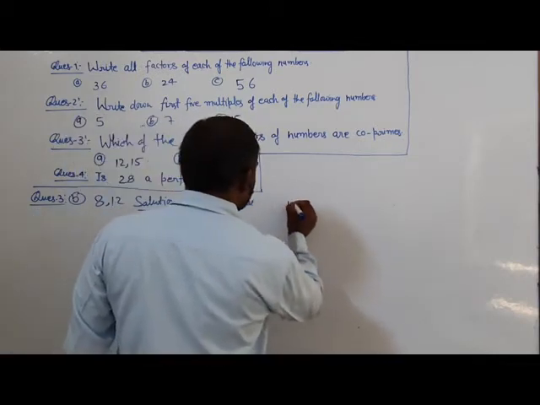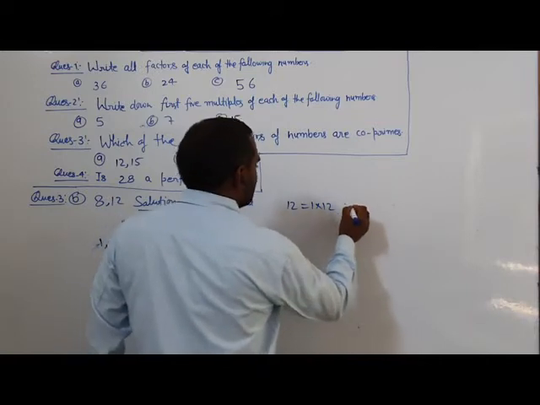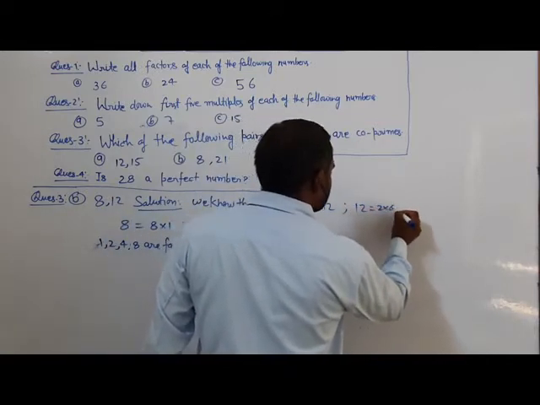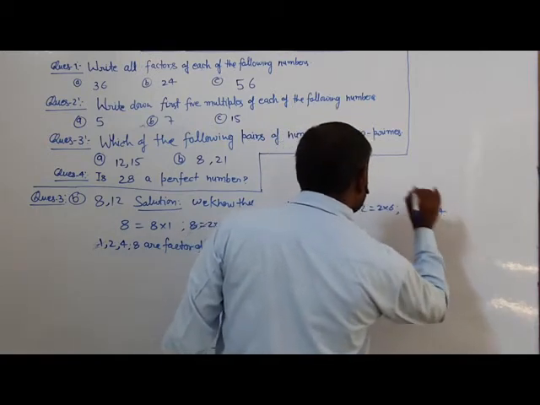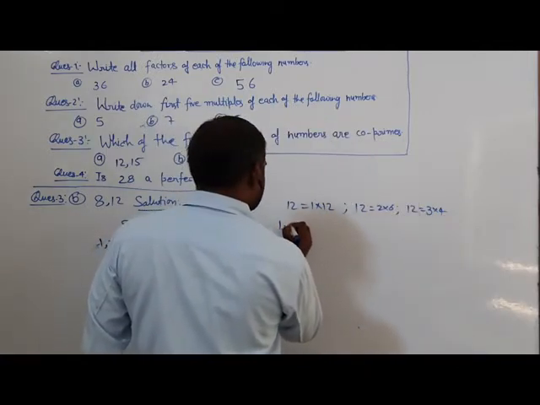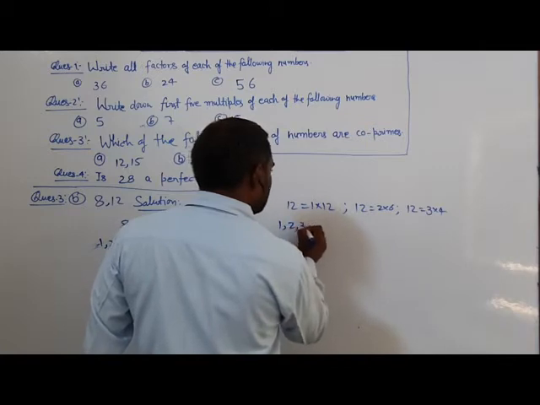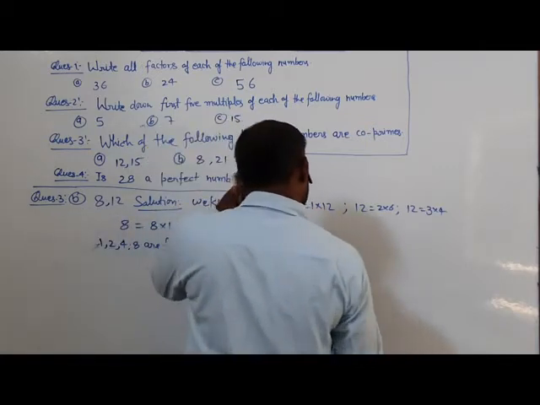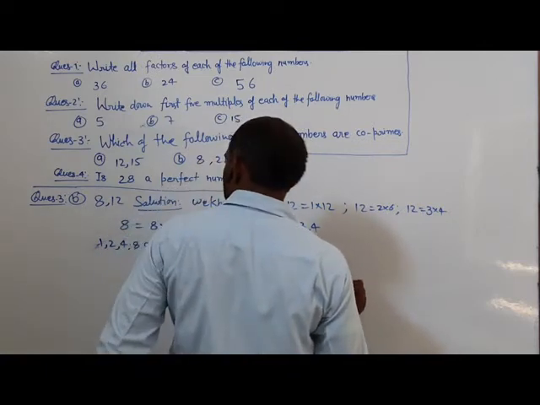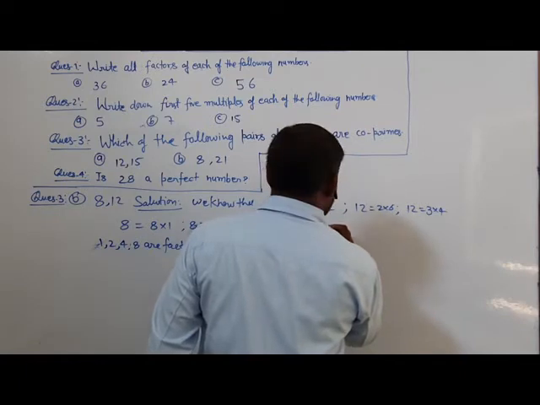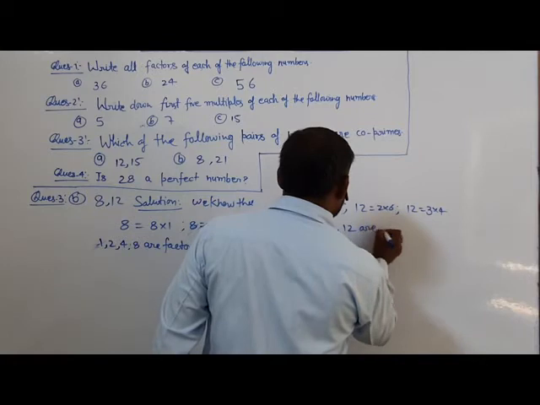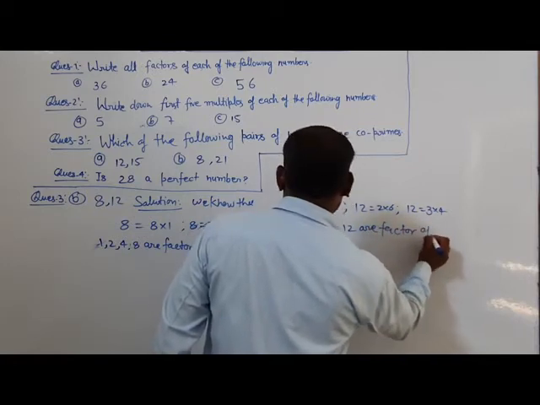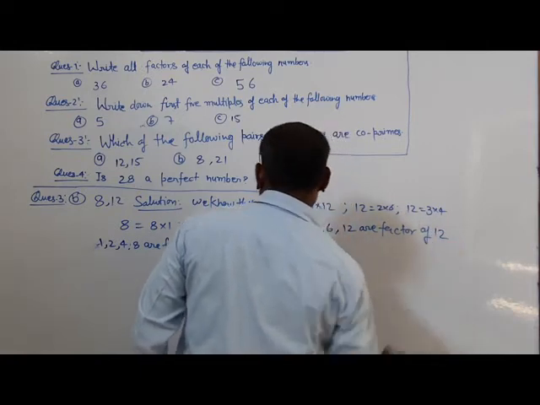Here 12: 1 into 12, 2 into 6, 3 into 4, so 1, 2, 3, 4, 6, 12 are factors of 12.